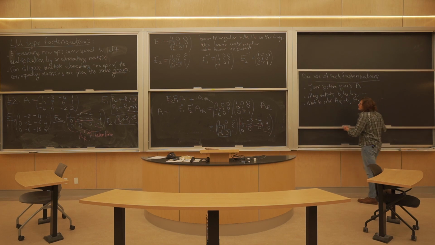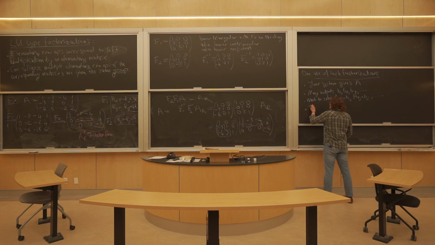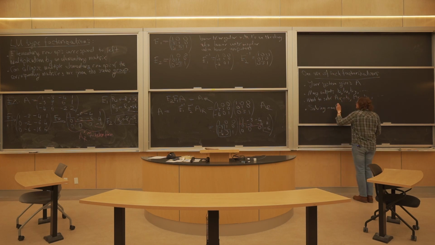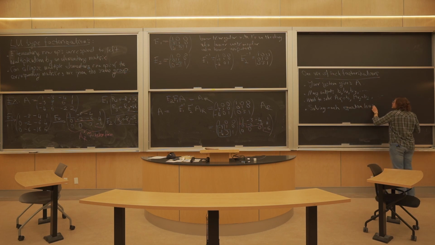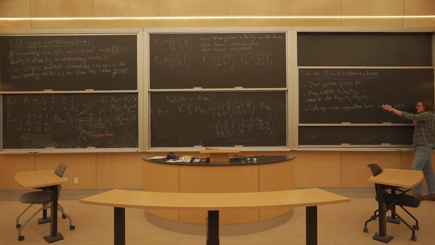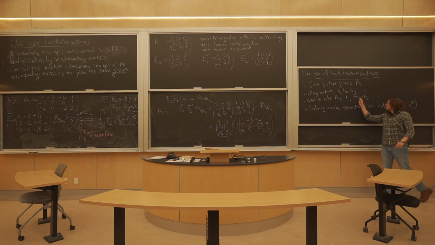So maybe I should write it like this. Solving each system equation has cubic cost. This means that if my matrix is n by n, or if I have n unknowns, the cost of finding those n numbers is going to be n cubed. And for each of these outputs, you're going to have an additional n cubed.